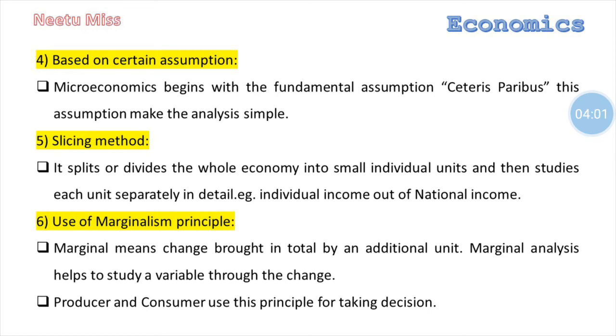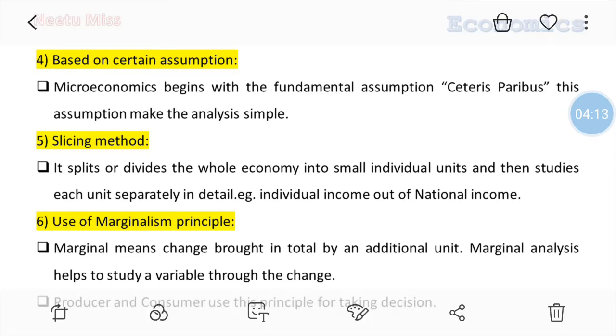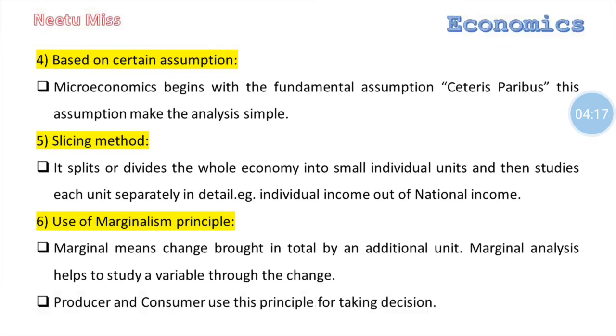Next is slicing method. Slicing, as we know very well, means dividing into parts, units. Same here, microeconomics splits or divides the whole economy into small individual units and then studies each and every unit separately and in detail.